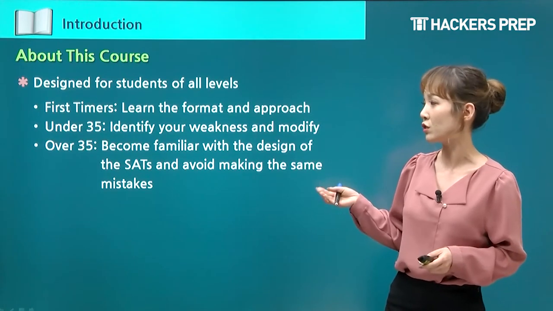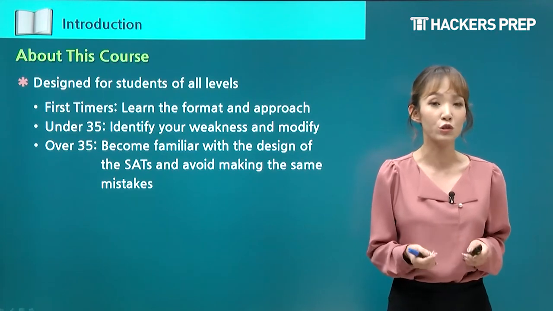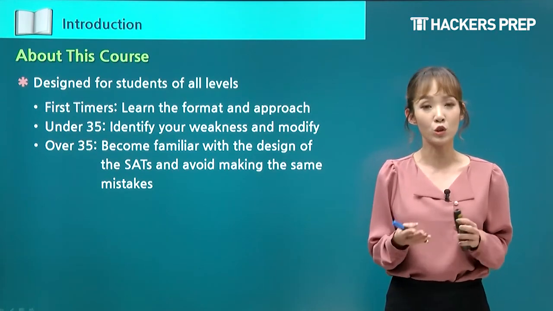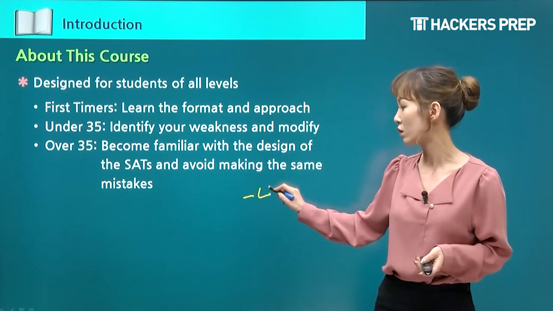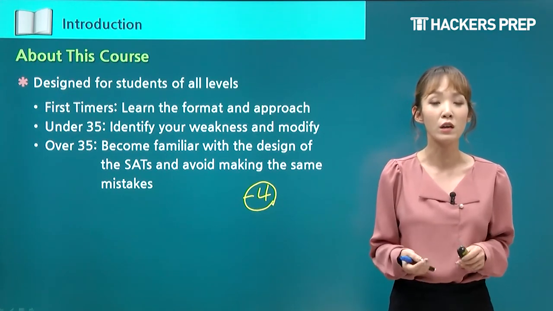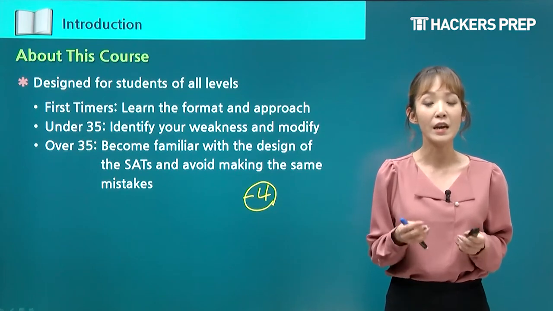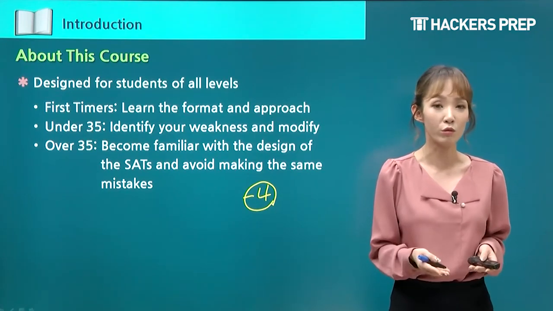Now, for other students, under 35 and over 35, I mean the number of correct answers you normally get. If you get under 35, that is your average score. That means you are averaging -4 per passage, meaning almost half of your questions are wrong. That means you have certain weaknesses that you have to identify and modify your behavior accordingly so that you can get more correct answers.